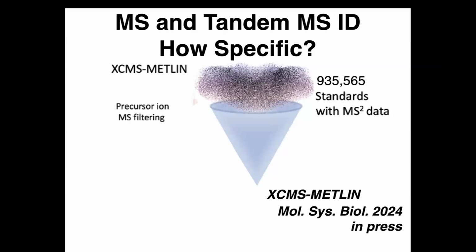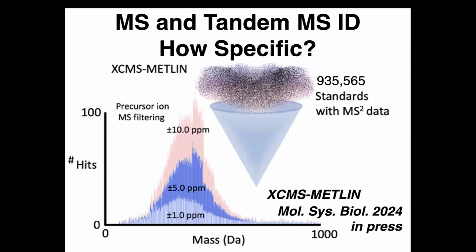We took the precursor ions of these molecules, and we looked at the number of hits across the database that we would observe based on mass and based on the accuracy or the errors each instrument has. So at 110 parts per million accuracy, on average, we're seeing about 100 hits. And this is just based on precursor. This is not MSMS data. This is just based on precursor.